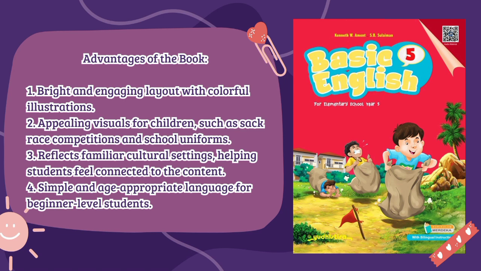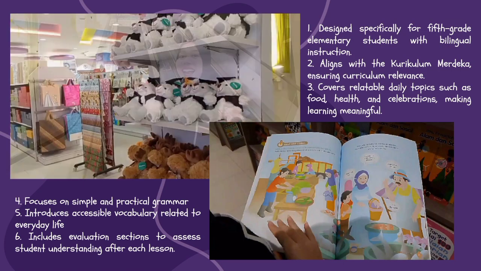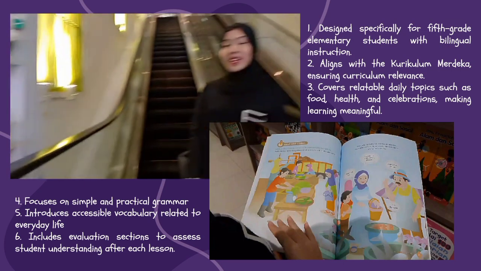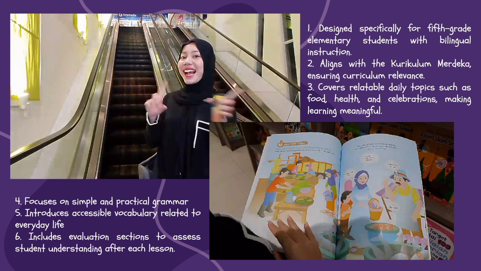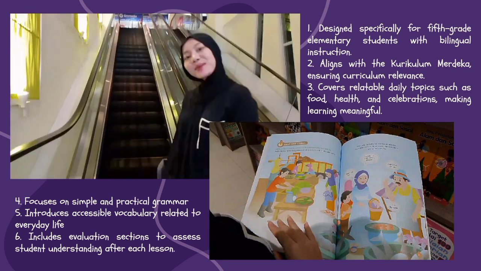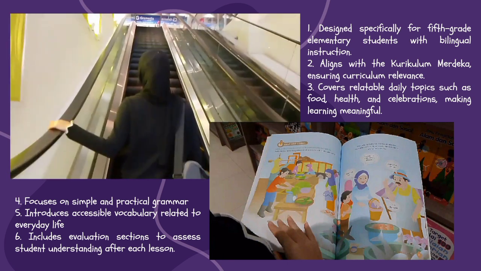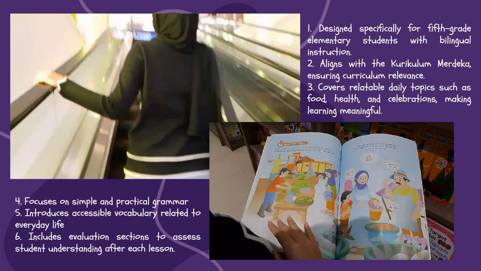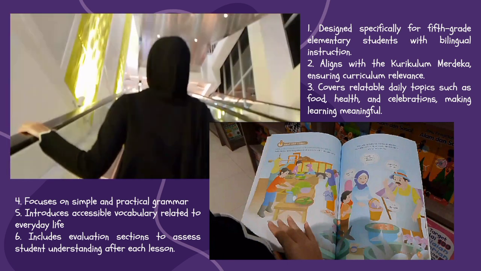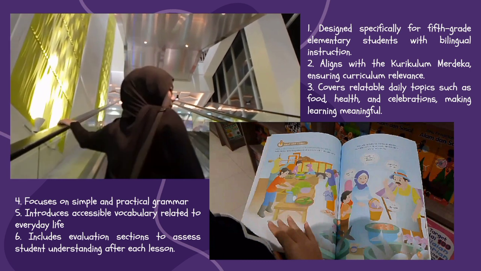The book also focuses on teaching simple and practical grammar that students can immediately apply, such as the present tense in sentences like "He used his foot to kick the ball." In addition, the vocabulary used is accessible and covers topics like numbers, daily activities, and adjectives for comparison like big and tall.